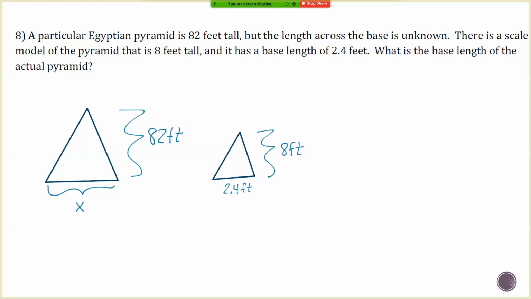Any idea what we're going to do next? Yep, so we're going to solve for x by setting up a proportion. So take a minute and see if you can set up your proportion for this problem.